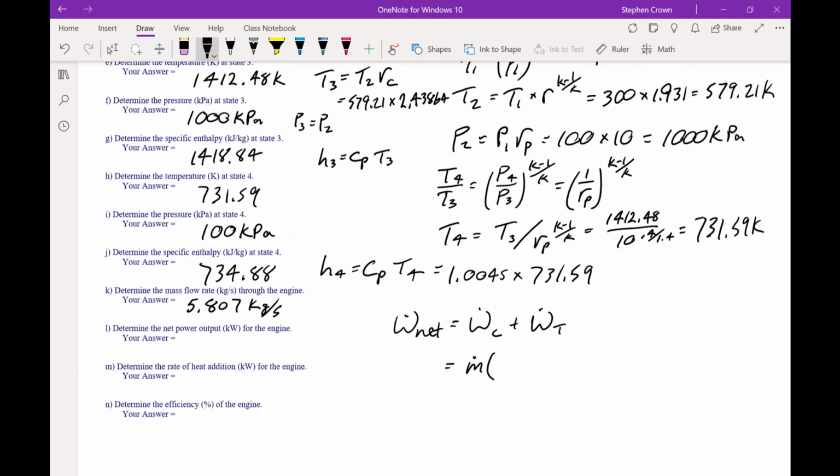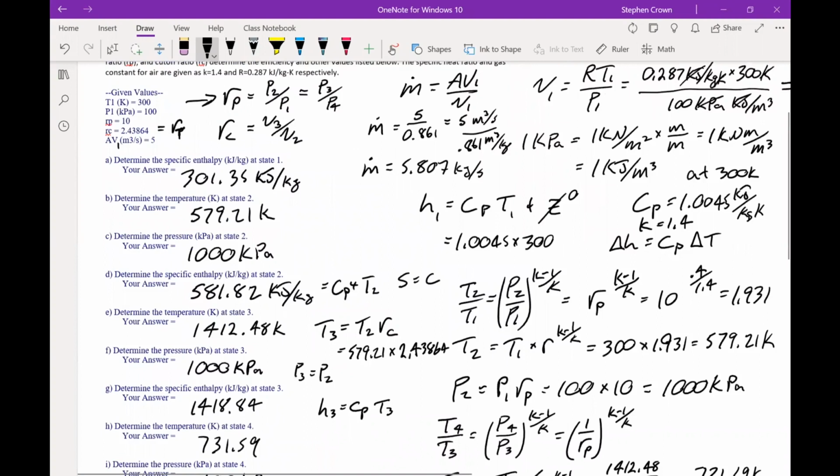And we can factor out the m dot. H1, we go 1.35 minus H2, 581.82.